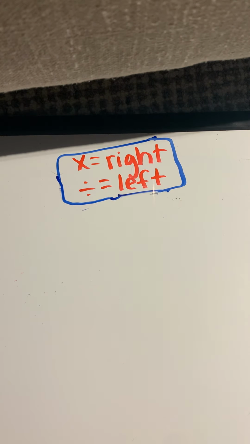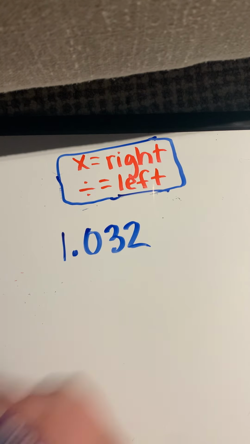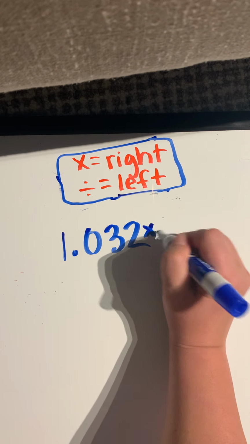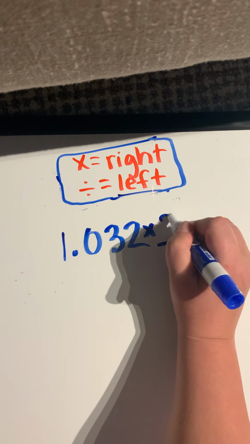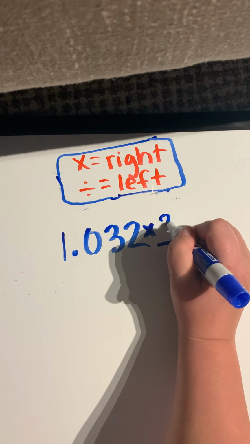If I have a friend that comes up to me on the road and they say, okay, well, I have 1 and 32 thousandths of something, and I multiplied it by a number. We don't know what it is. And I got 103.2, or 103 and 2 tenths.